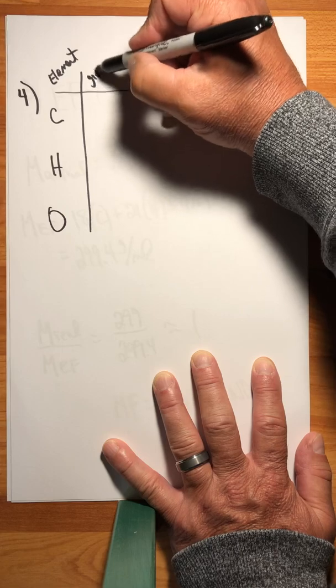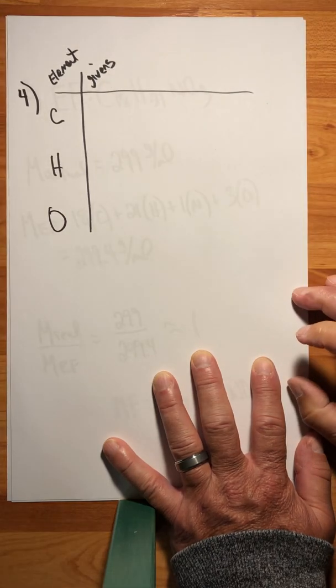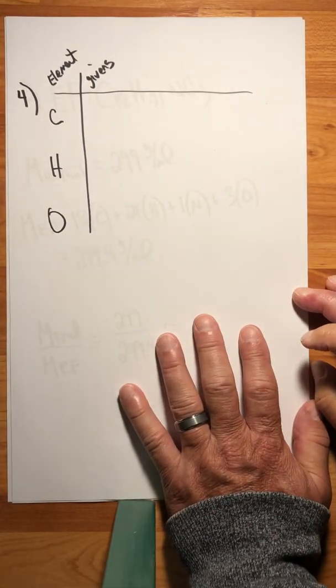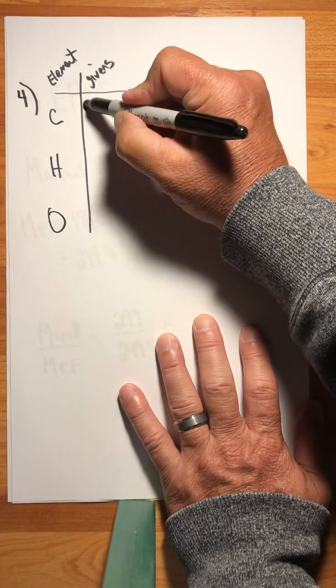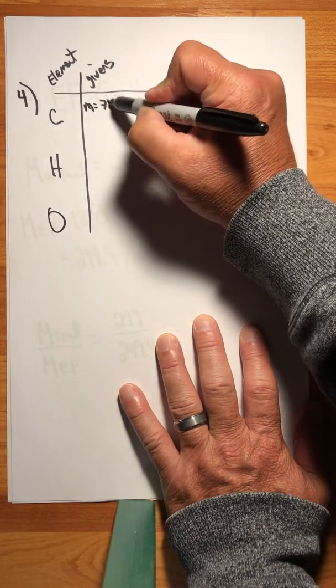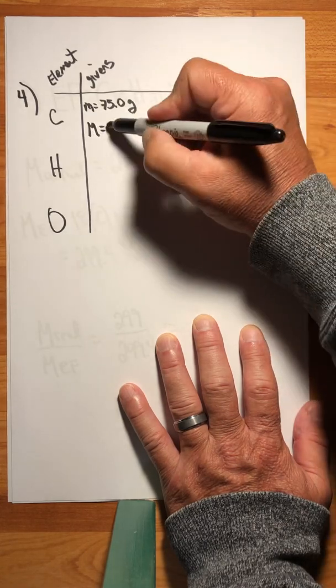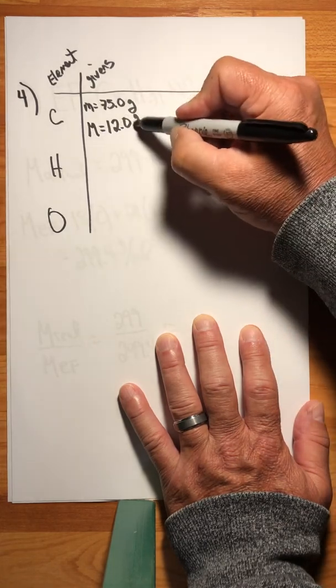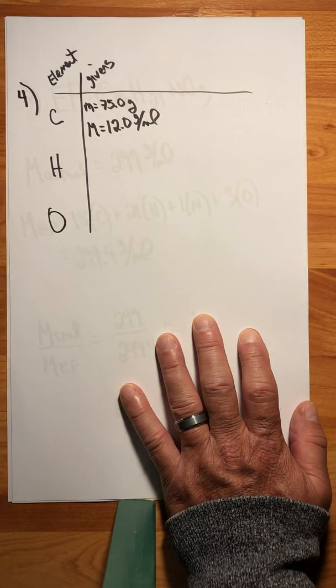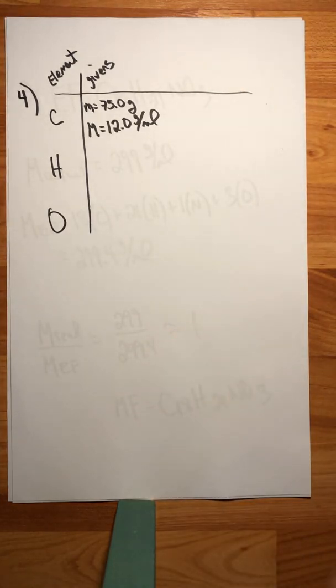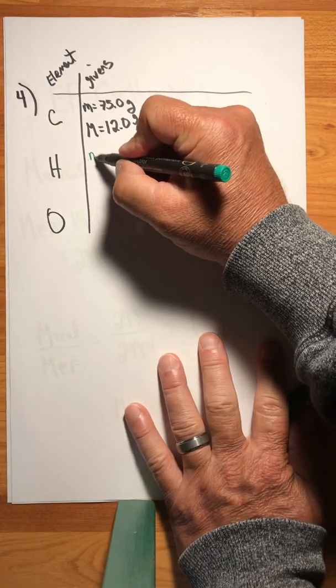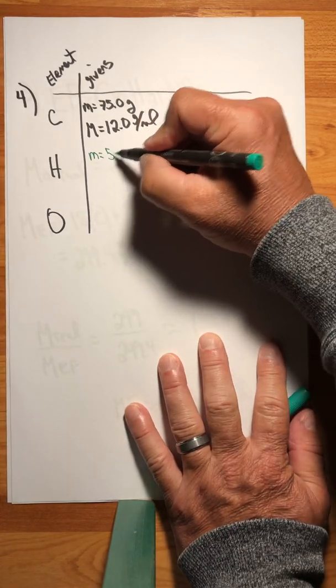In this column, I'm putting down my givens, and masses weren't given, but percent compositions were given. So the mass of carbon is 75 grams. The molar mass of carbon is 12.0 grams per mole. The percent for hydrogen is 5.